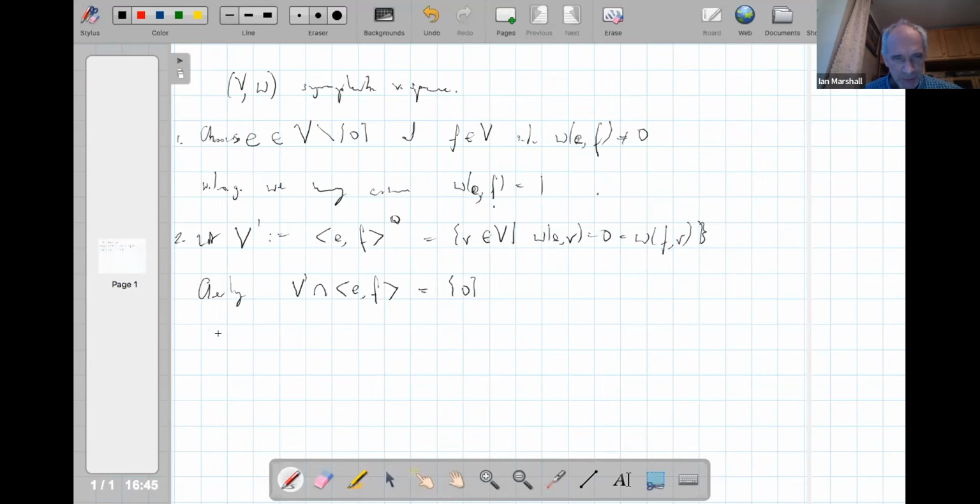Now what I want to do is consider this space. I take V prime and I take omega restricted to V prime.